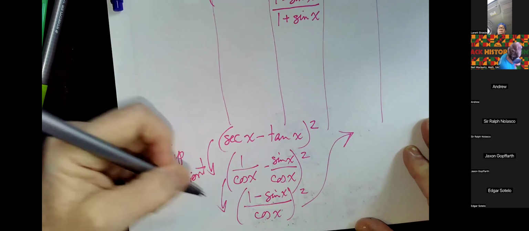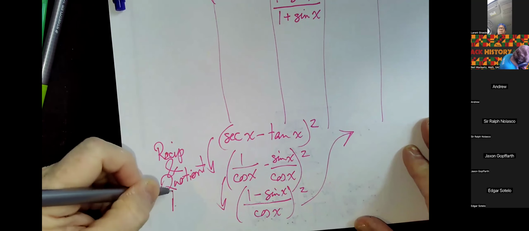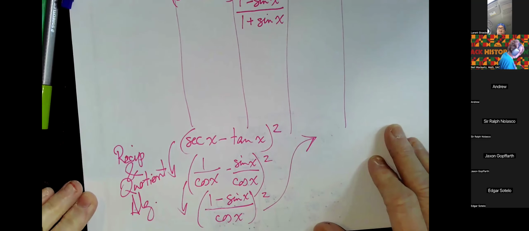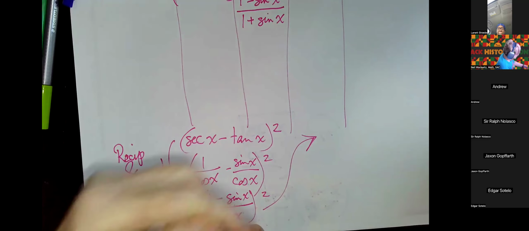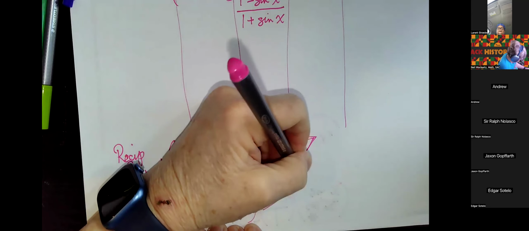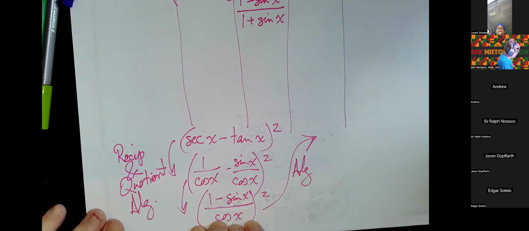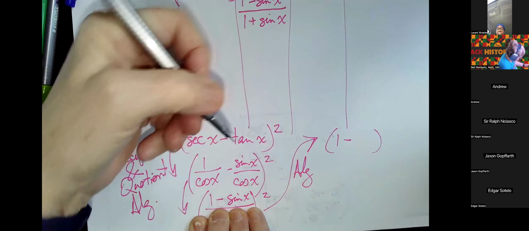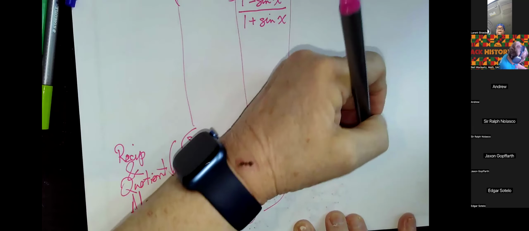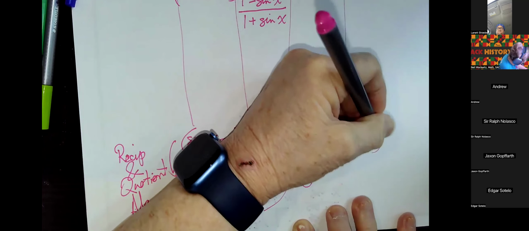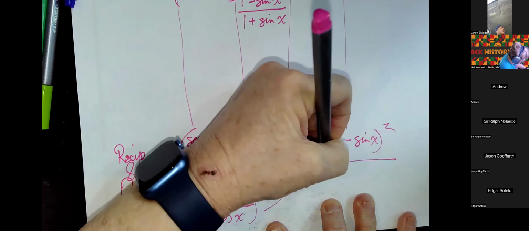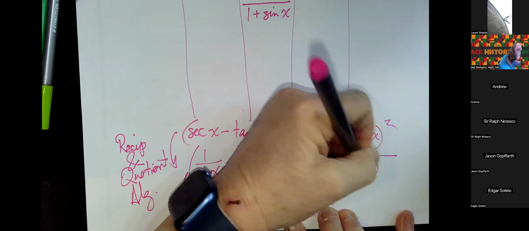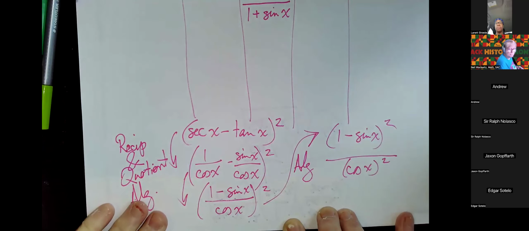And the second step is just algebra. And squaring everything is just algebra. So I'm going to square the fraction first, and then we'll square the parts. So we have 1 minus sine x all squared, and we have cosine x squared.